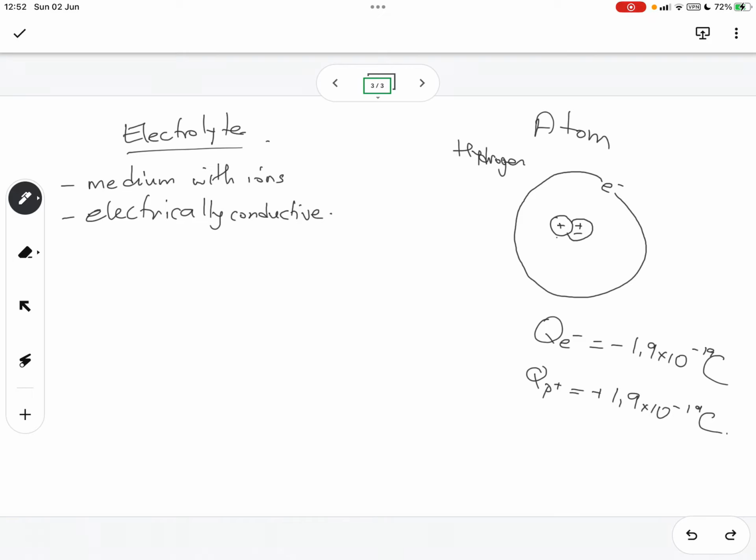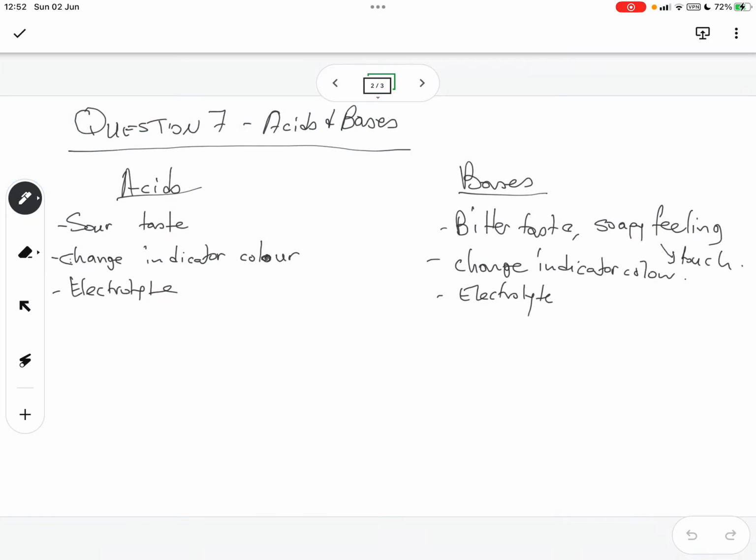That's where Bronsted-Lowry's theories come in as well, where we look at things that donate protons, but only in relation to when these substances are diluted in water. Within the water, how does it react? That explains electrolyte.